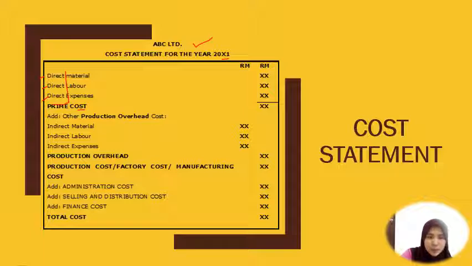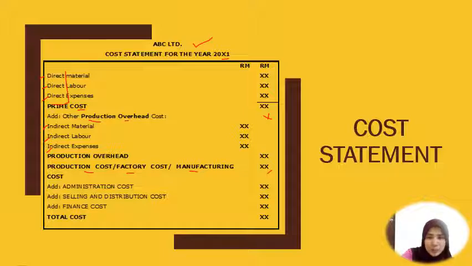Okay, after the prime cost, we have to add the production overhead. I'm sure you know production overhead is all the indirect cost, which is materials, labor and expenses. You just add all the three elements of production overhead to the prime cost here, then you can find out the total factory cost or manufacturing cost or production cost. You can use any name for that figure.